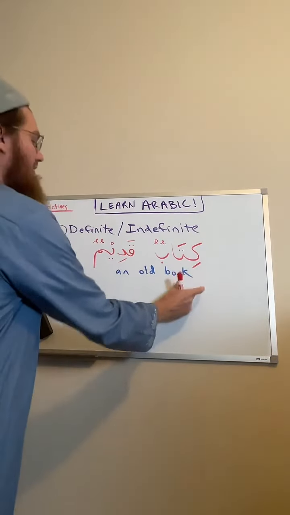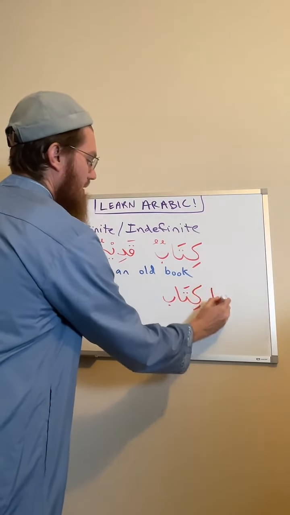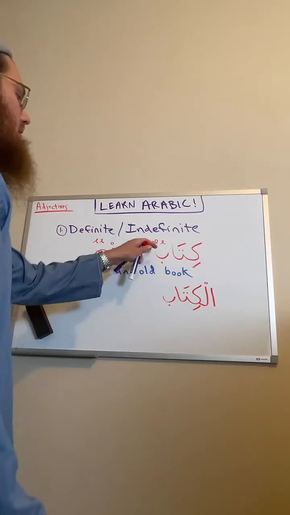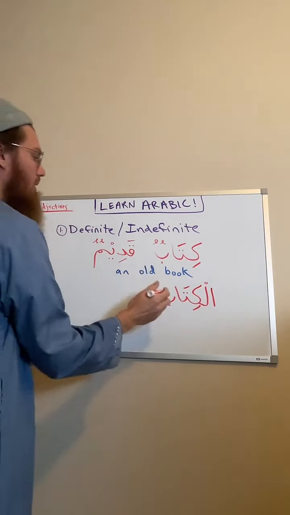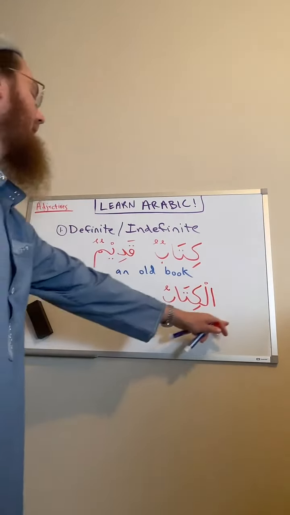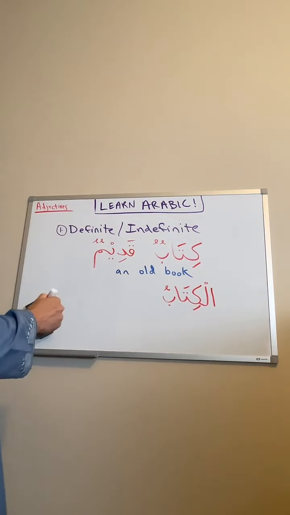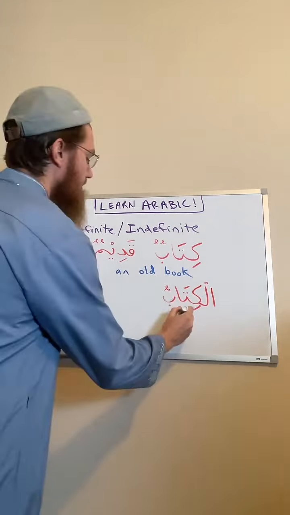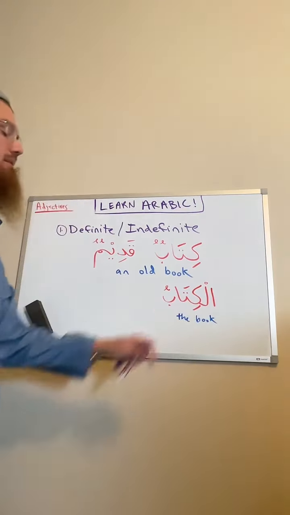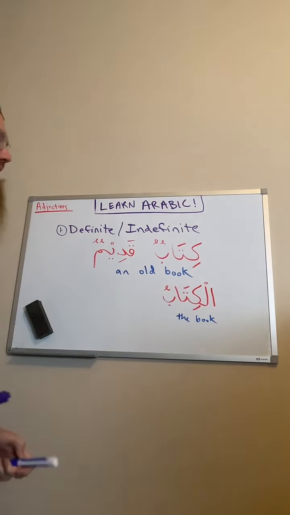How would I make this definite? We would add the definite alif lam in the beginning, and we would remove the tanween. We would take away one of the dhammas. So it would be al-kitabu. And now, what does this mean? This means the book. Now it's definite. So how would I describe this as being old?